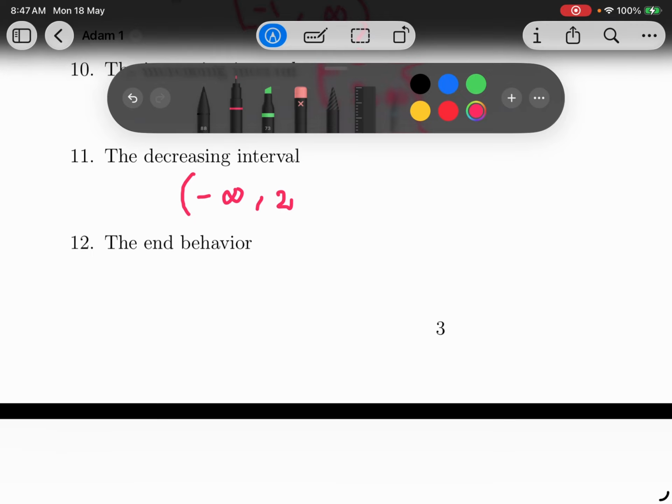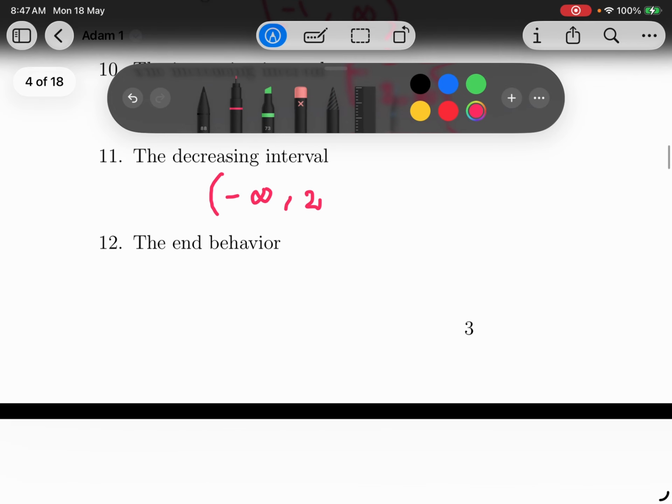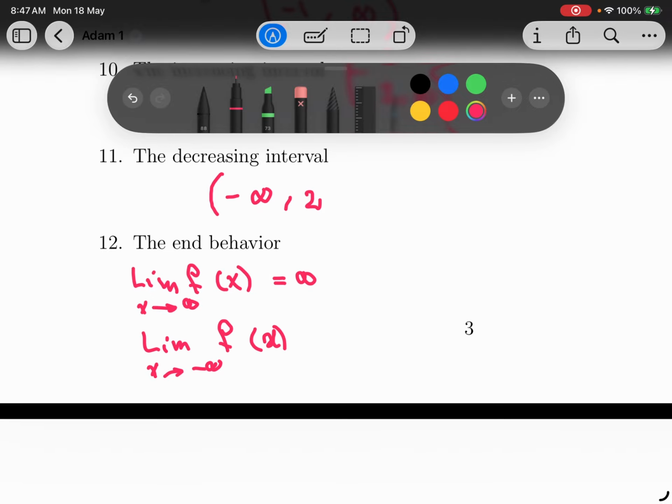So what we can write, there are two different ways. One of them is to write the limit sign. So limit of f of x when x goes to infinity equals infinity, and here limit when x goes to minus infinity, the behavior of this function goes to infinity as well.